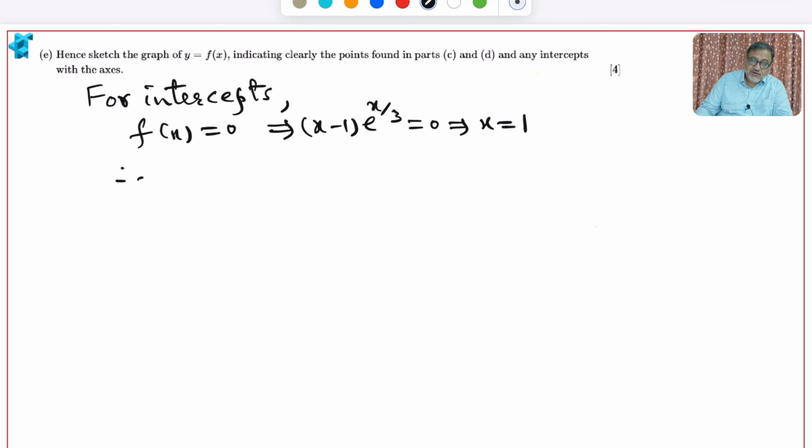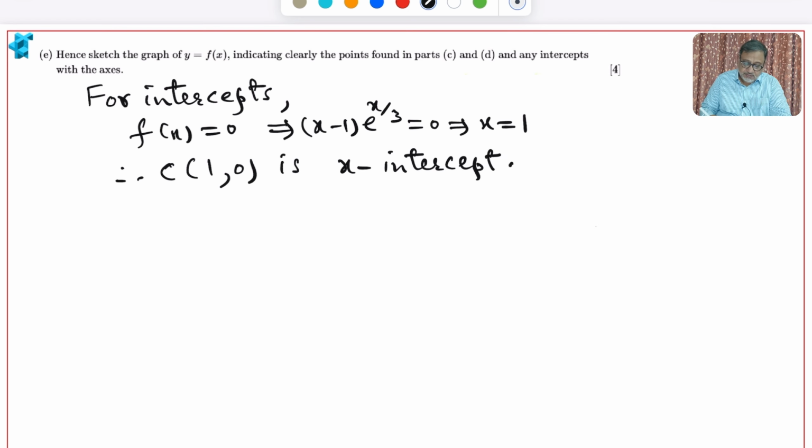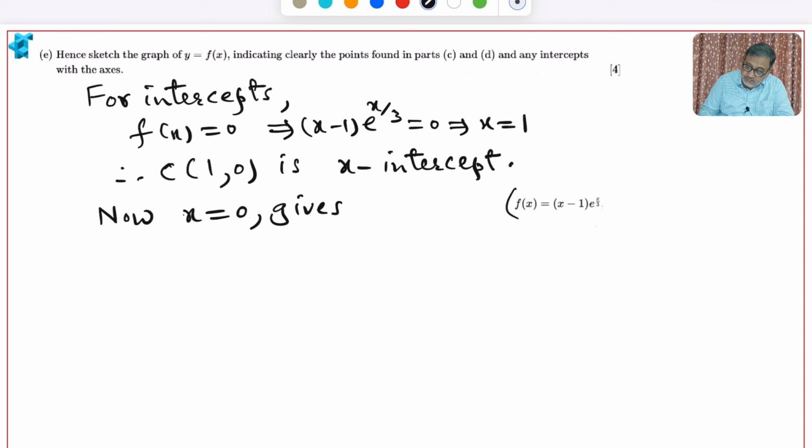Okay, so therefore C, 1, 0 is the x intercept, right? In the same way for y intercept, now x is equal to 0 gives, in the same thing we are going to put that equal to 0, where I had copied it, yeah, this one, x is 0 when I substitute.